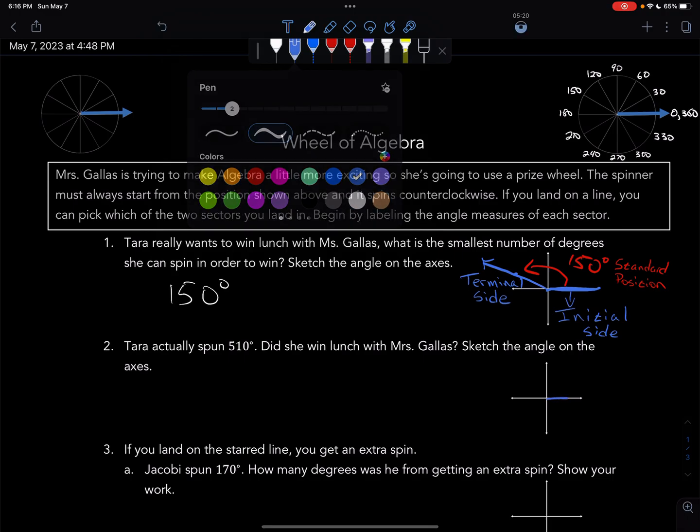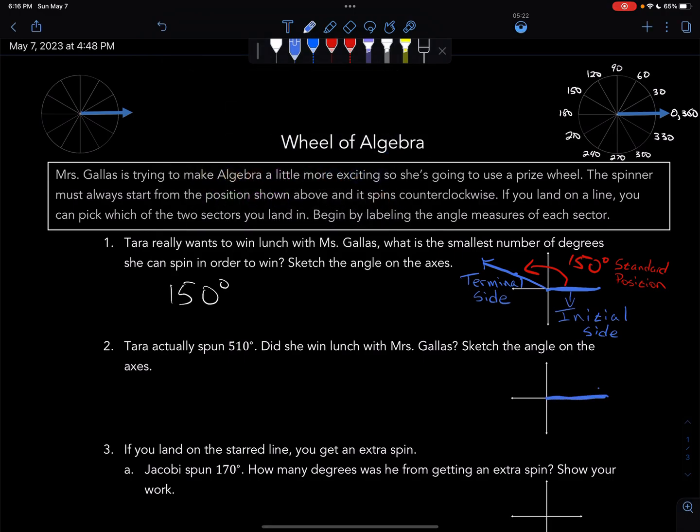So again, we're starting here, the initial side at 0. And we're coming around all the way. There's 360. And we stop about right here. And we can draw that angle back to the origin. And then we're going to label that angle 510 degrees.